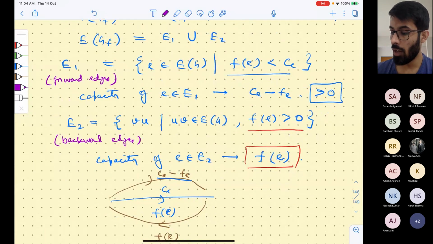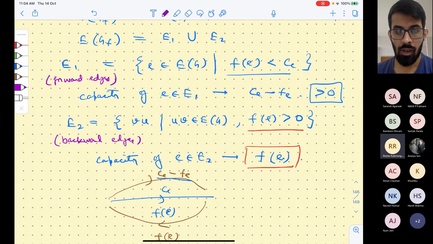For every edge, you have a forward edge if f is less than c, and a backward edge if f is greater than 0. So every time you have a new flow, you construct the new graph according to it.